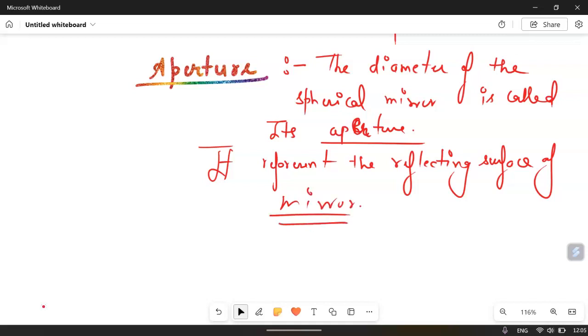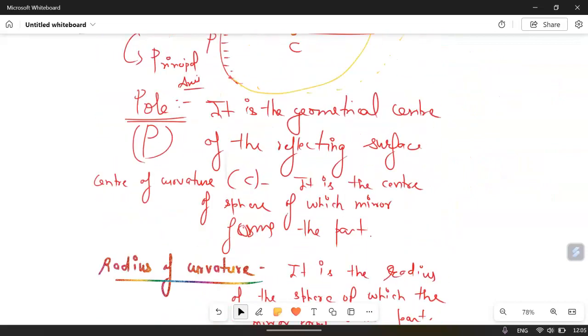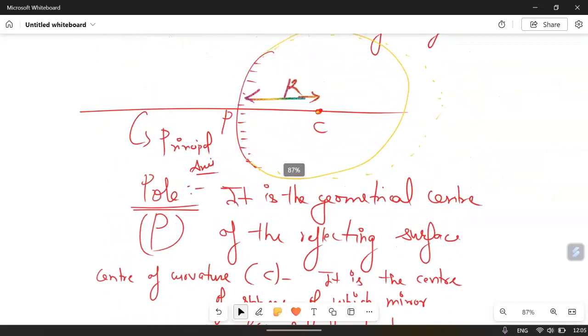We will check in the figure. This is our figure. So this red part, MN, the reflecting surface, is your aperture. MN, this reflecting part is your aperture.